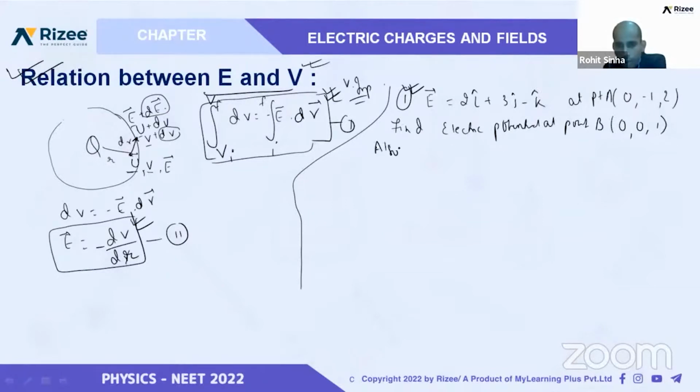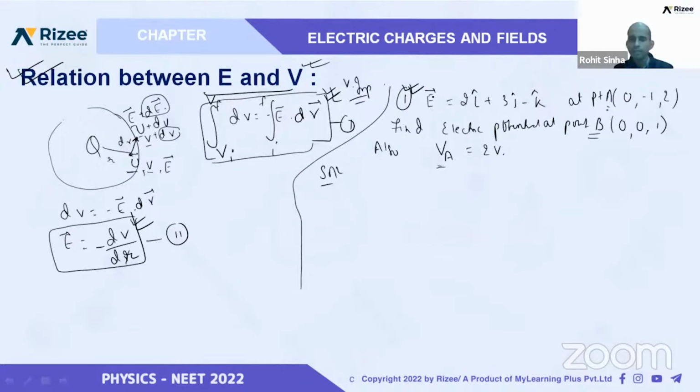Also it is given that the electric potential at point A is 2 volt. Now we have to find the electric potential at B. This is a very good question. I made the difficulty level somewhat more than a NEET question, so that if this question is solved, we can solve other NEET questions also. That's why I made it some level up from NEET.